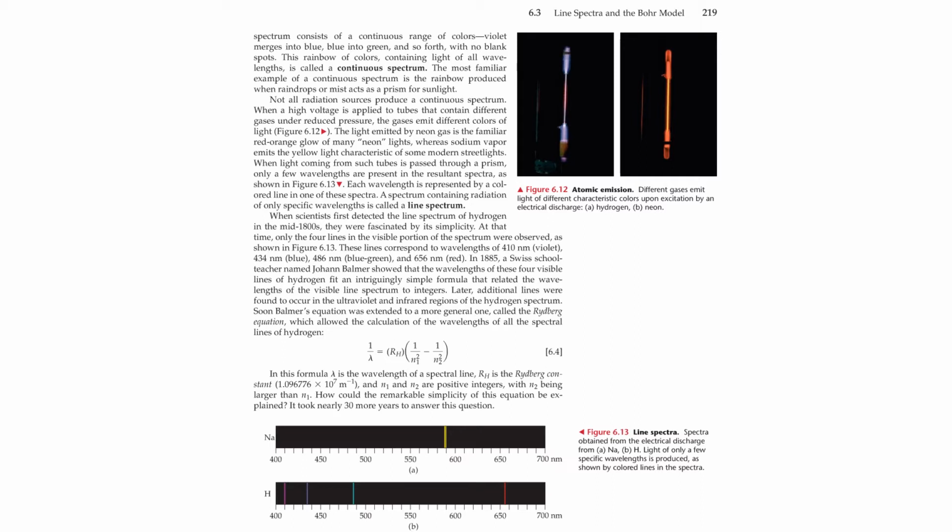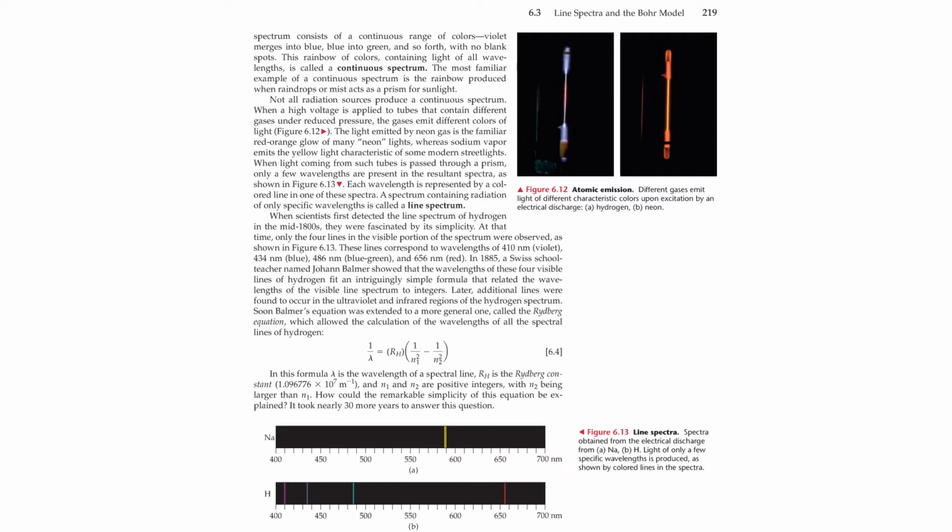Later, additional lines were found to occur in the ultraviolet and infrared regions of the hydrogen spectrum. Soon, Balmer's equation was extended to a more general one called the Rydberg equation, which allowed the calculation of the wavelengths of all the spectral lines of hydrogen. Equation 6.4 is the Rydberg equation.